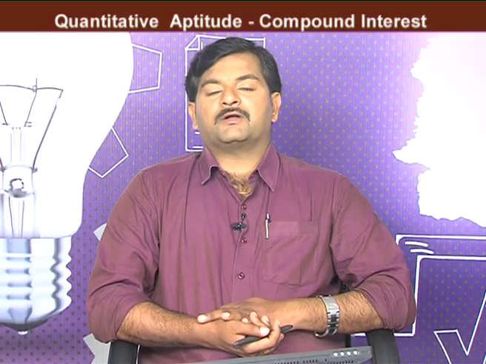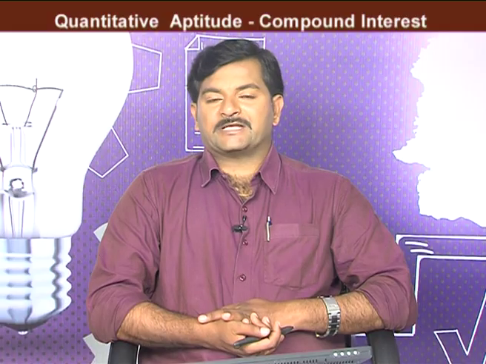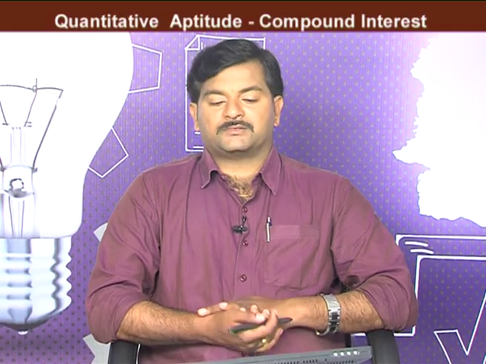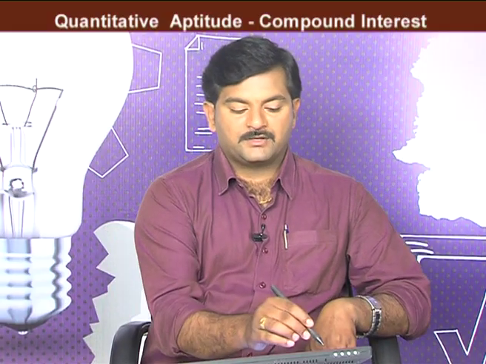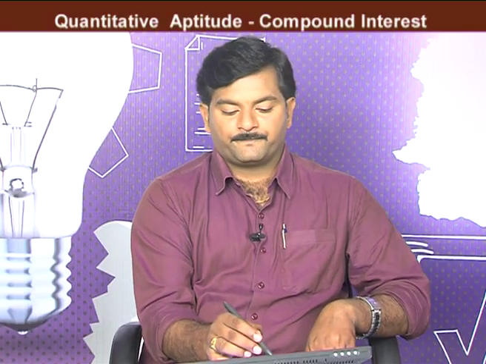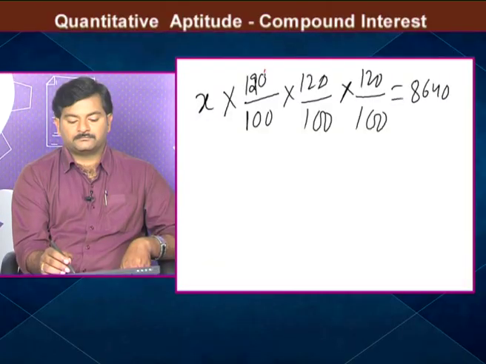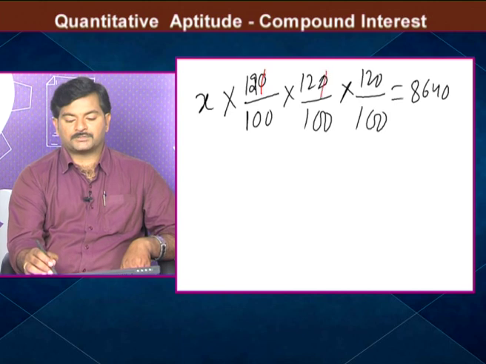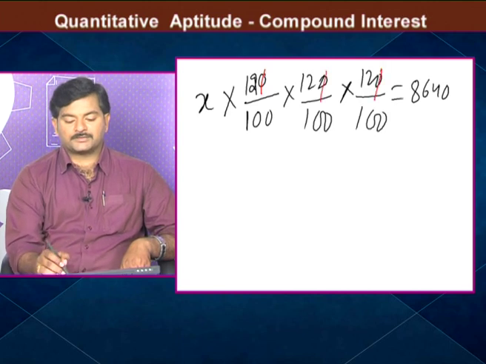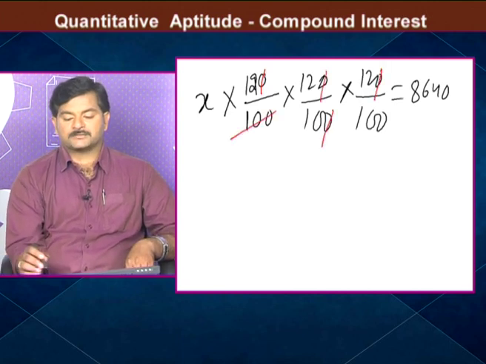That's why 120 by 100 for the first year, 120 by 100 for the second year, 120 by 100 for the third year. Simplification: the 3 zeros cancel.